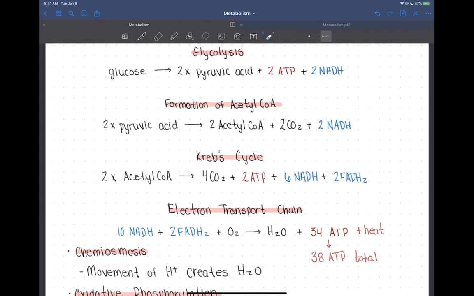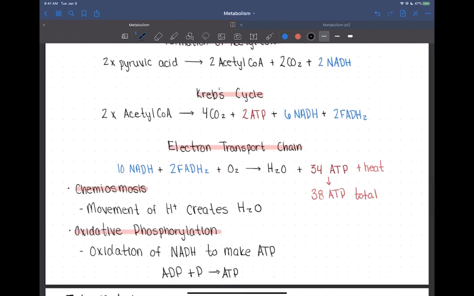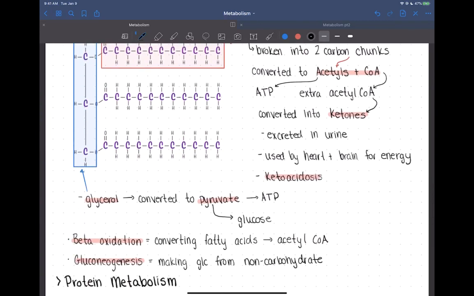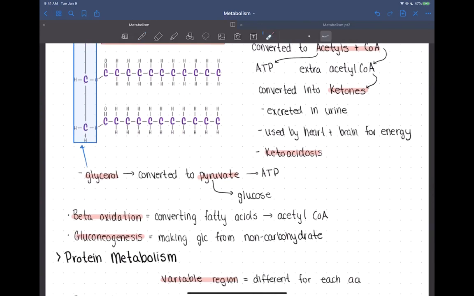However, don't forget that this step, glycolysis, is reversible, okay? So glycolysis is reversible, so we can use glycerol to make pyruvate and then ATP, or we can take that pyruvate and convert it and make it into glucose. Okay, so we can use that to make glucose.